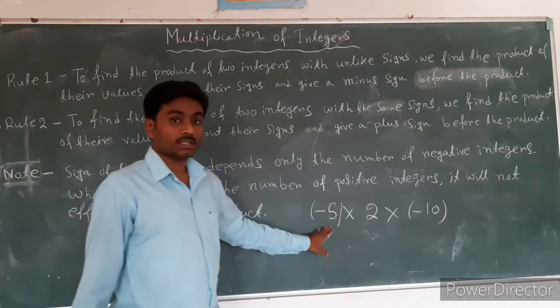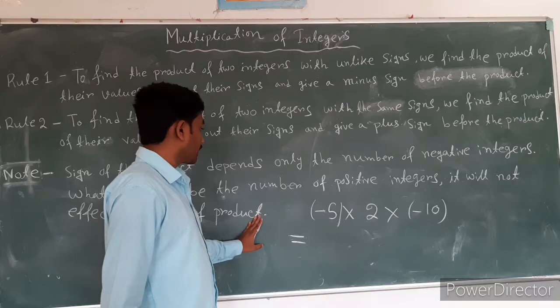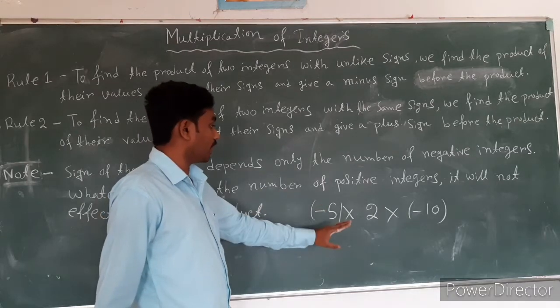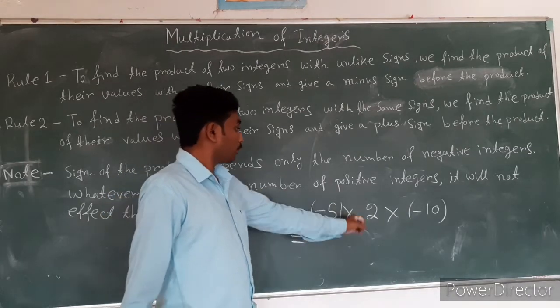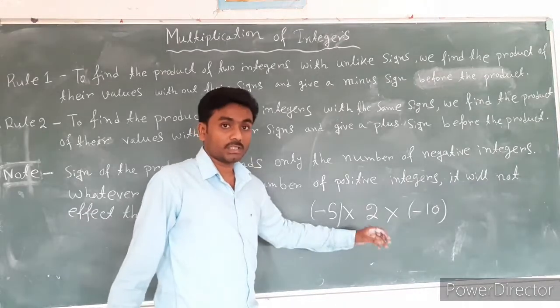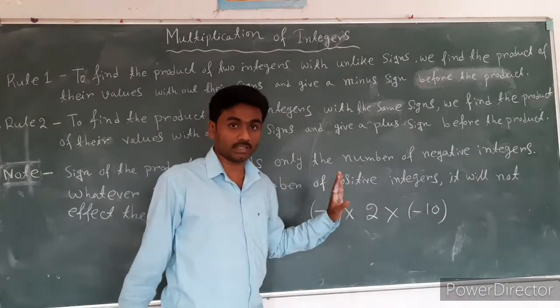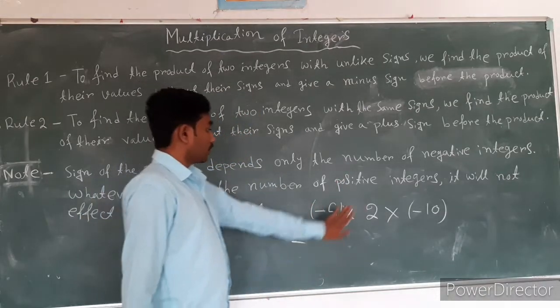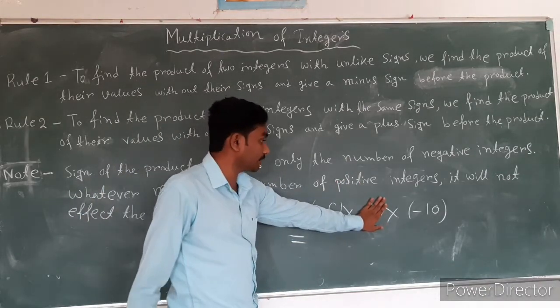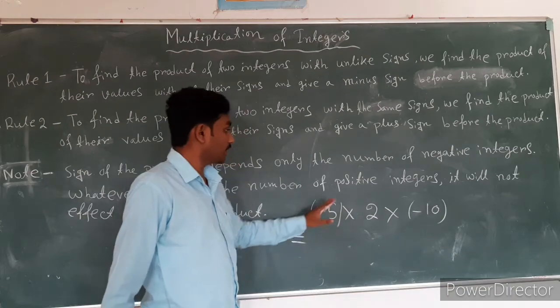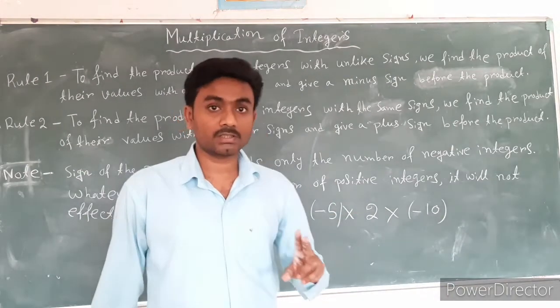We know that the sign of the product doesn't depend on the number of positive integers. It only depends on the number of negative integers. So, how many negative integers are there? There are two negative integers.